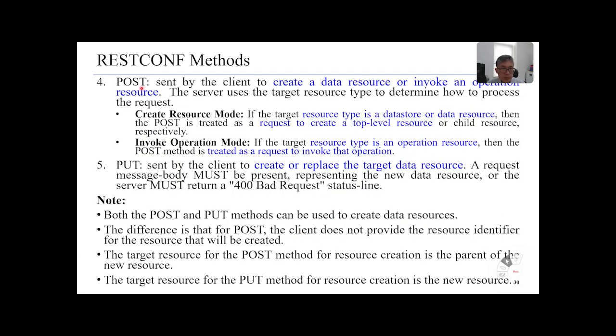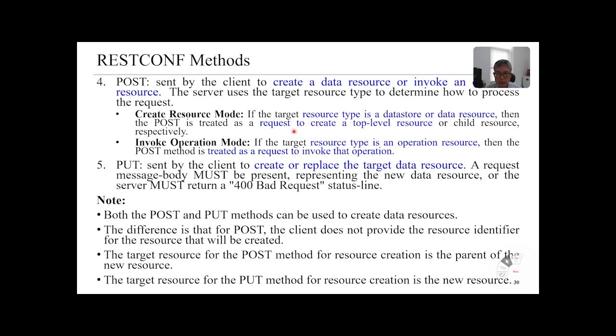And the post method has two kinds of use: create a data resource, or invoke an operation. The first one is the create resource mode, in which a data resource is created.